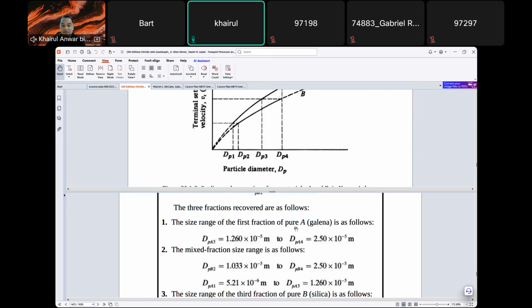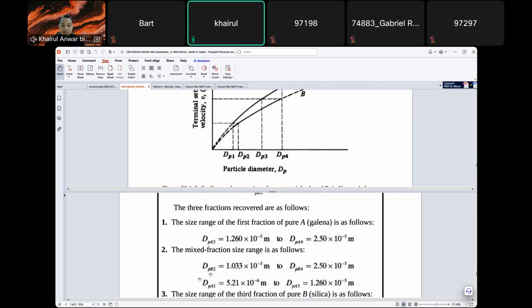The size range of the first section of pure A is as follows: between dp3 and dp4, it is 1.26 to 2.5. How do you calculate 1.26? Using equation 30.1-26.